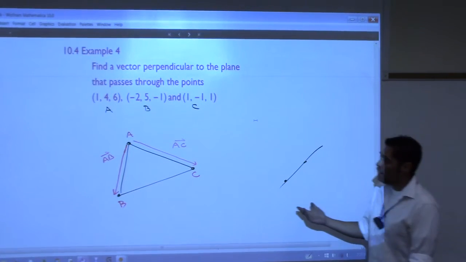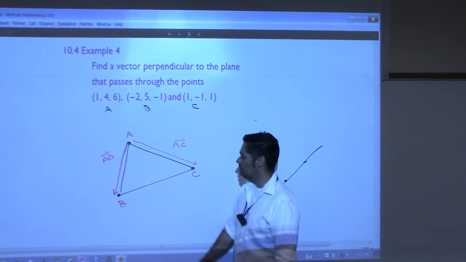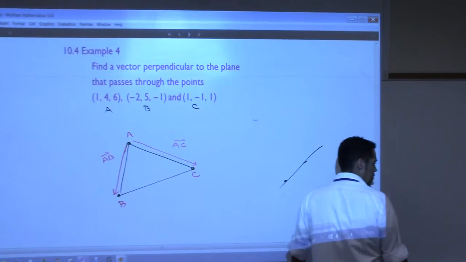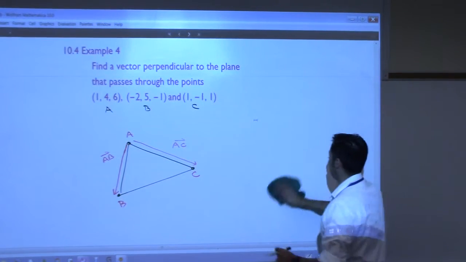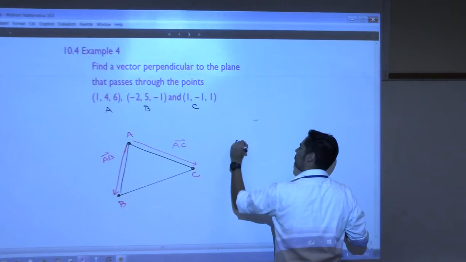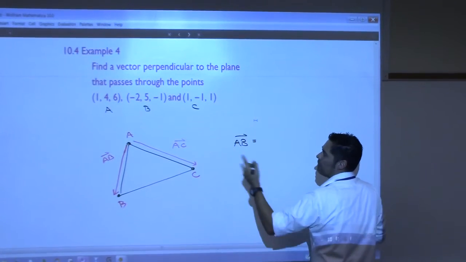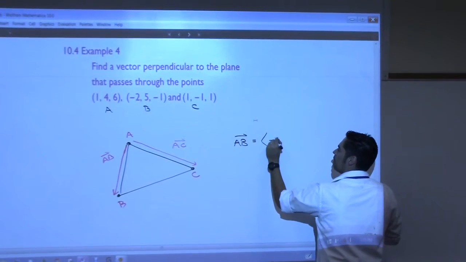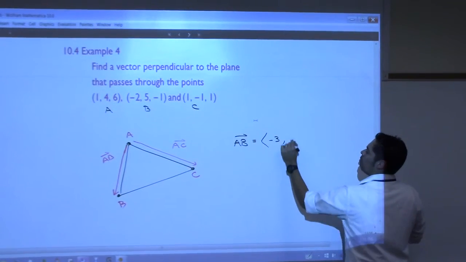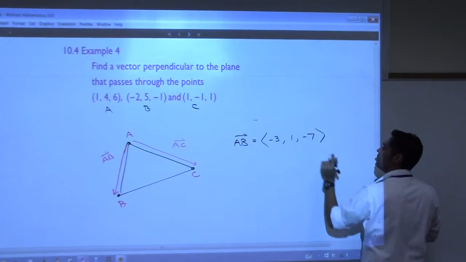Now, could I have done other vectors? Could I have done the vector from C to B? Yes. So if I do it as I did up here, what's the vector AB? From A to B, -3, 1, -7?